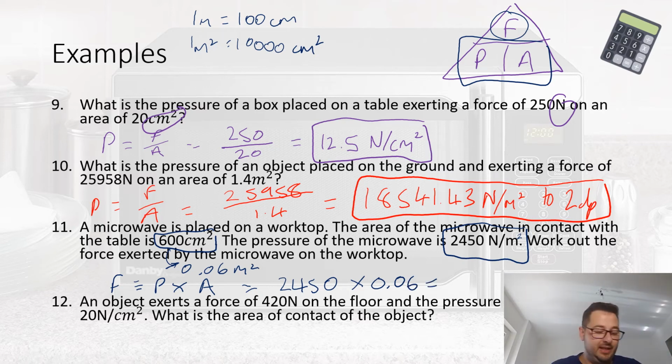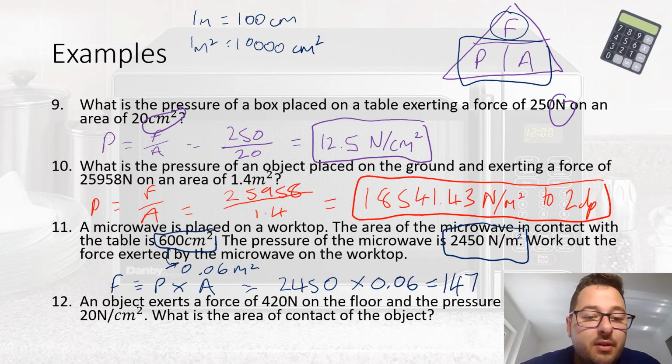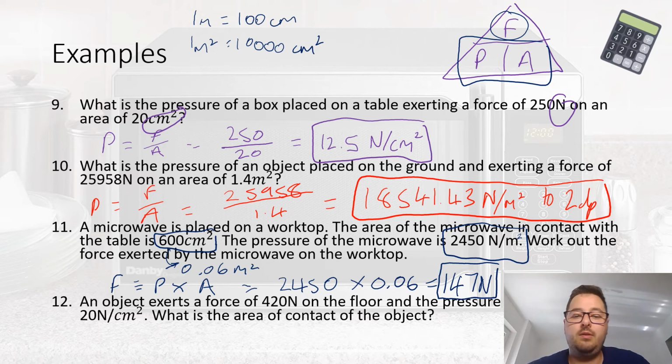Put that in my calculator, 2450 times 0.06. We end up with 147. We want the force, so that is 147 newtons.